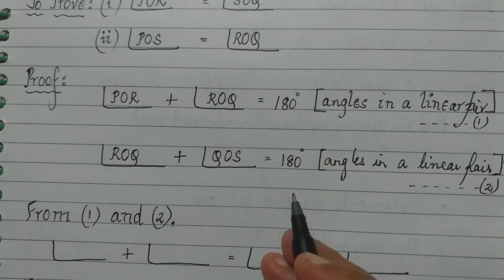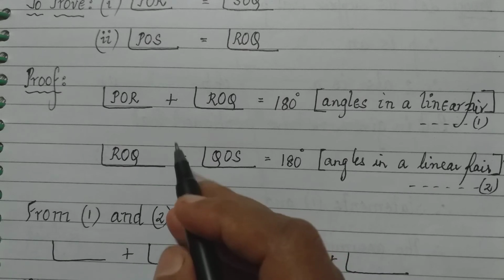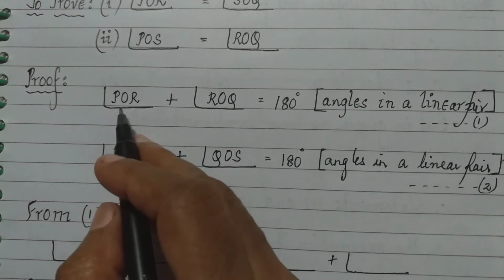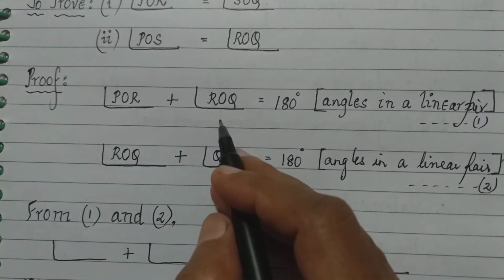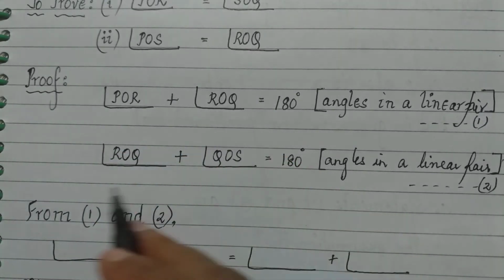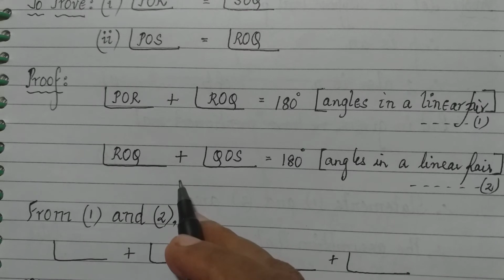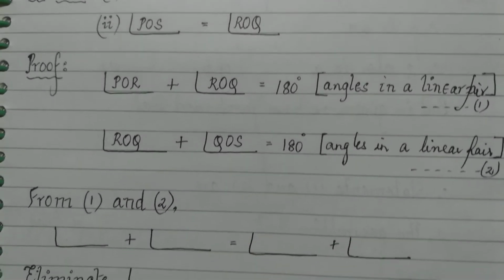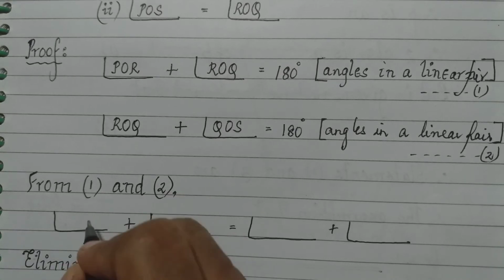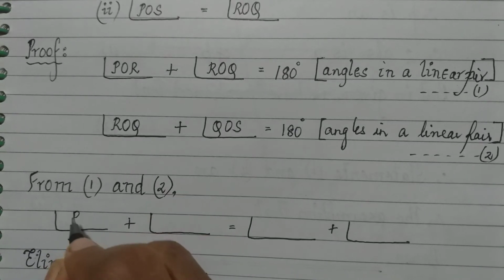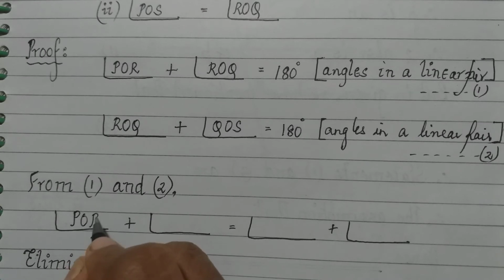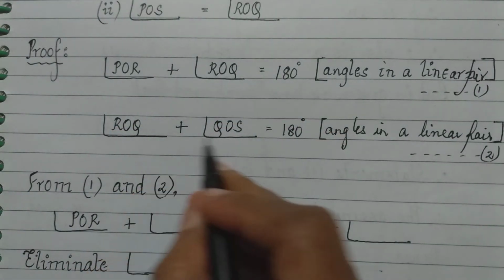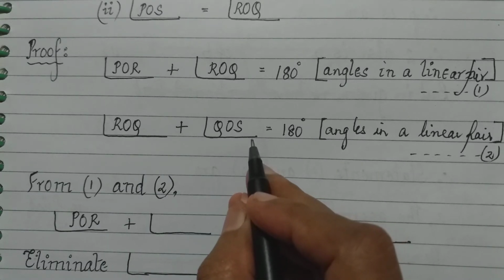If both are equal, then what can we say from statements 1 and 2? That angle POR plus angle ROQ is equal to angle ROQ plus angle QOS. So I write here, therefore, the left hand side of the first statement is equal to the left hand side of the second statement.